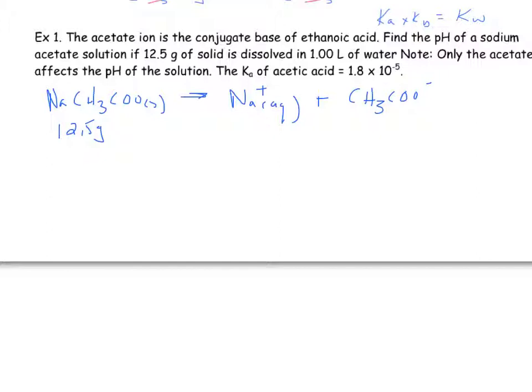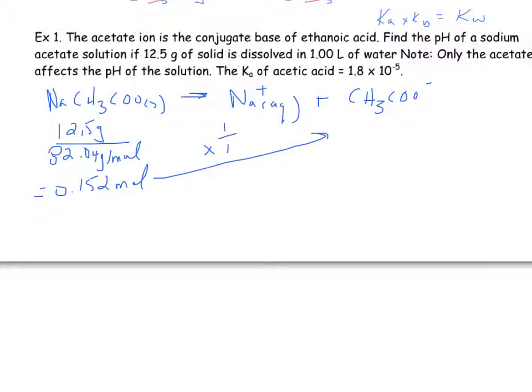If I divide my mass by the molar mass of sodium acetate, that'll get me how many moles of acetate I have. To get to moles of acetate, I would times by a 1/1 mole ratio. And if I divide that by how many liters I have, I now have the concentration of acetate in my system.